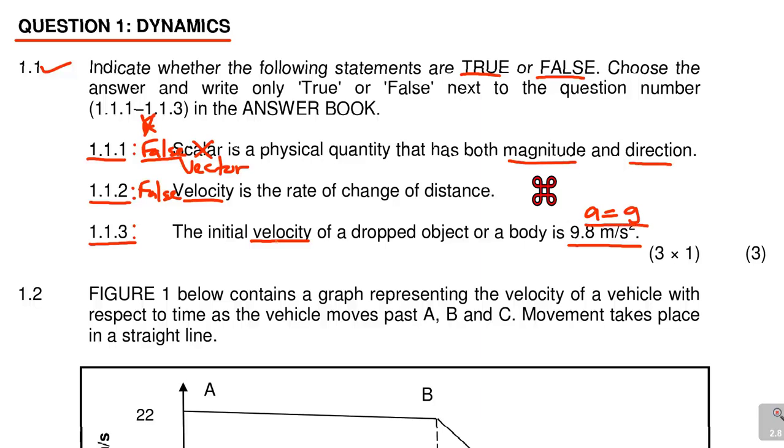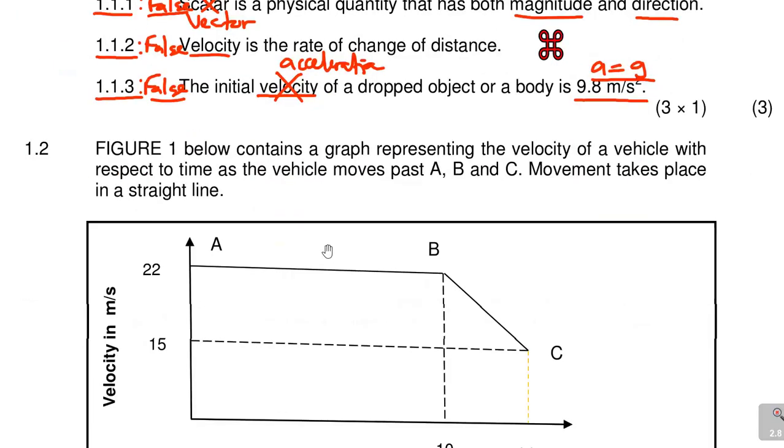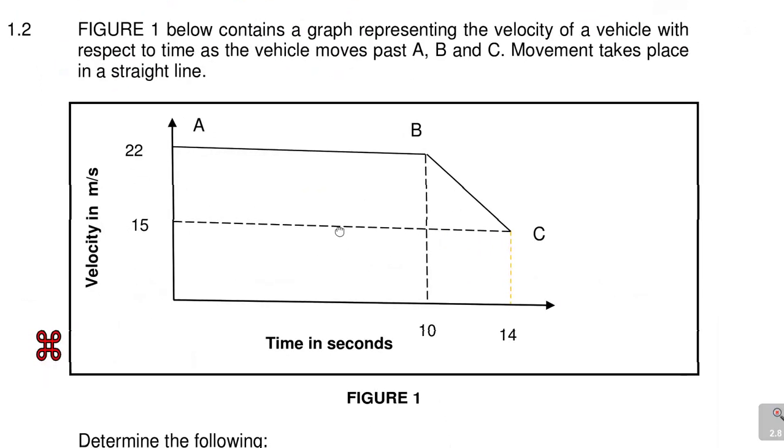So this has got nothing to do with initial velocity. So this statement also is false. So the answers 1.1.1, 1.1.2 and 1.1.3 were all false. So that is that part. Let us move on to the next part of the question, so you get 3 marks for that.